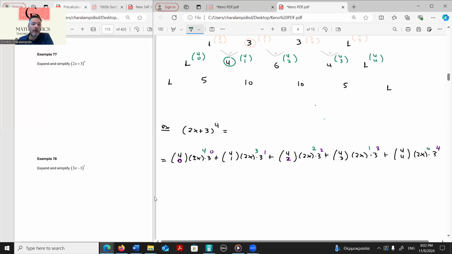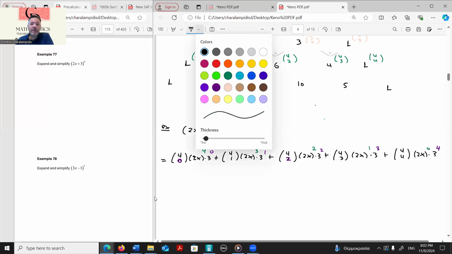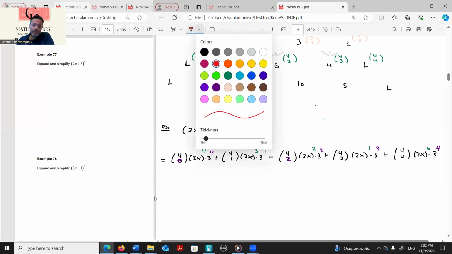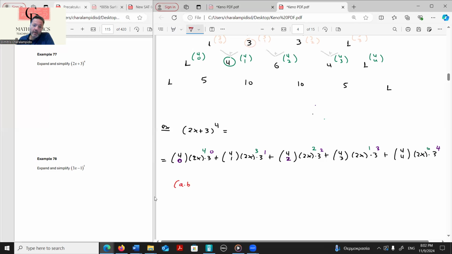That's it. Now we need to see how we can actually simplify that. To do so, we need to apply properties of powers. And another property we didn't mention was this property: a multiplied by b and all that to the power of n is this. And of course, we need to calculate the combinatorial numbers of 4.